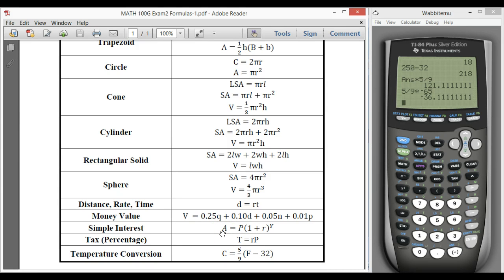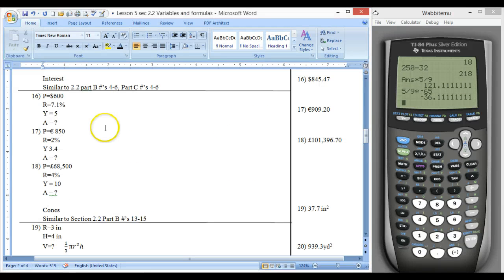The P stands for the principal, times 1 plus R standing for rate, raised to the Y standing for years, because this is simple interest. If we were doing something further, I would probably do T for time, but in our case, we're only going to be working with years, so I'm okay with that.